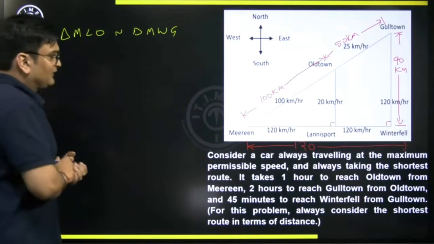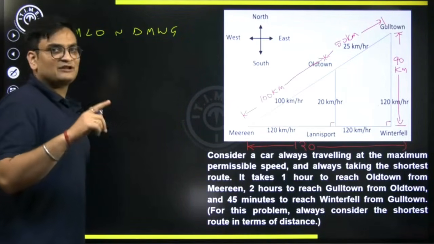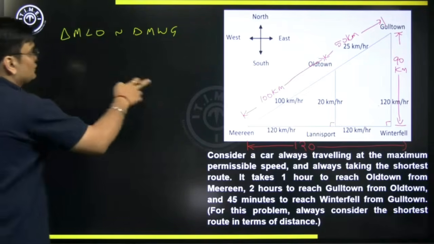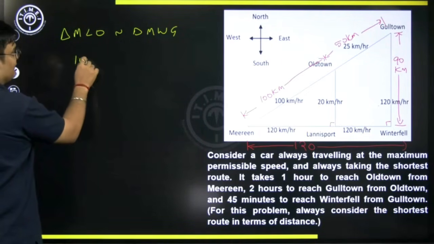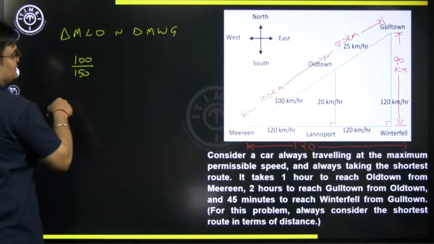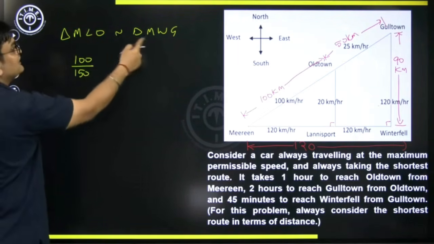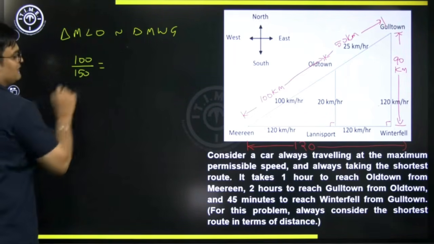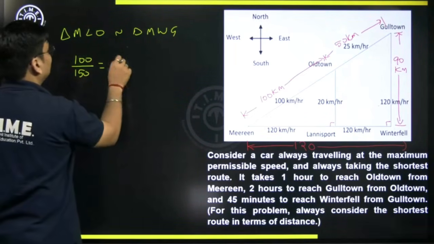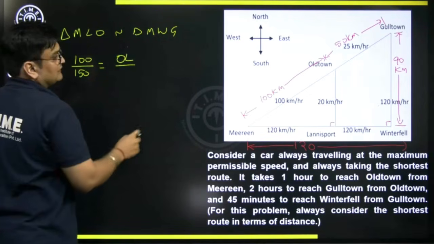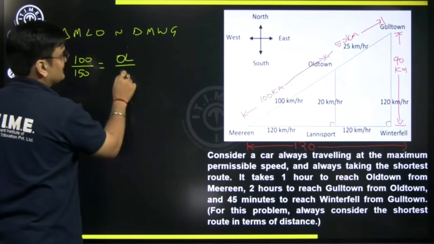They are similar triangles. Now, if they are similar triangles, can I say the ratio of the sides should be the same? So what's the ratio of sides here? So 100 by 150. So here MO is 100 and here MG is 150. That ratio should be equal to OL, we don't know the value, divided by GW, which is 90.